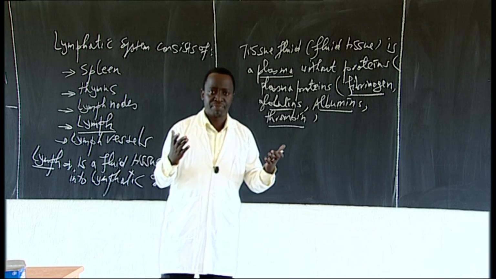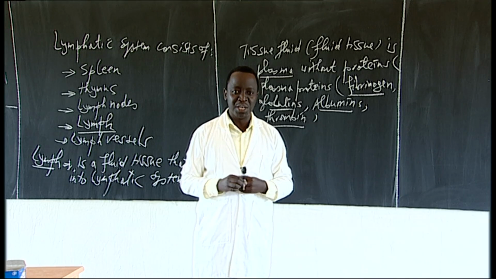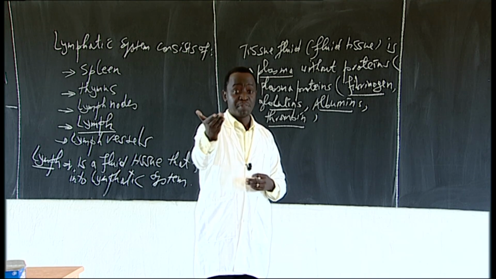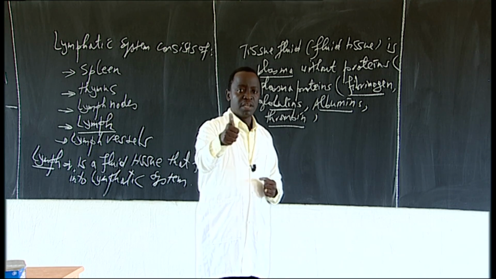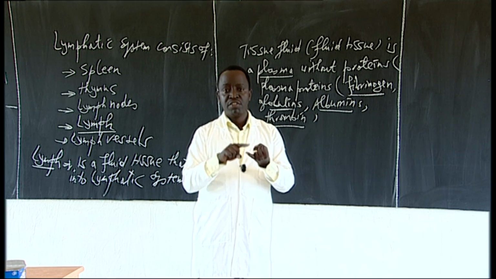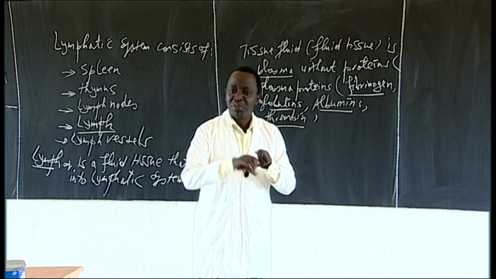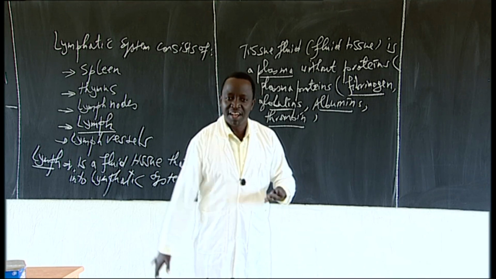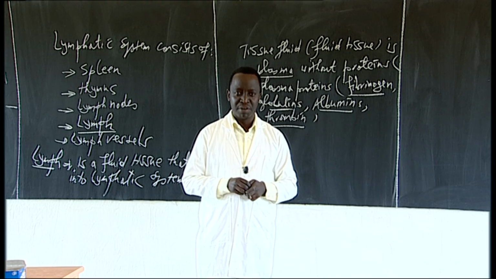Can you give examples of the components that you can find in the blood plasma? You know what blood plasma is? It is the liquid part of the blood. In the blood plasma, we have all these nutrients, even waste products, water, ions. All those are found in the plasma.